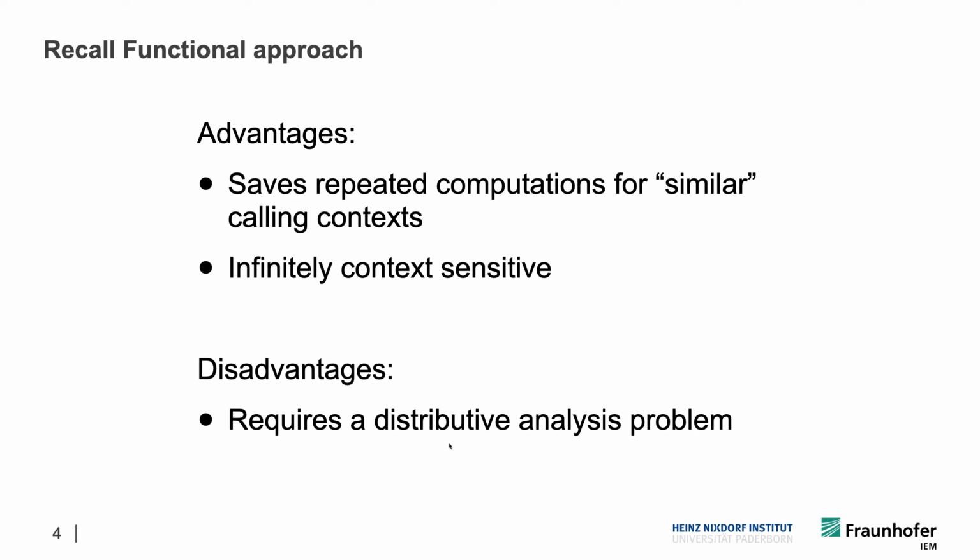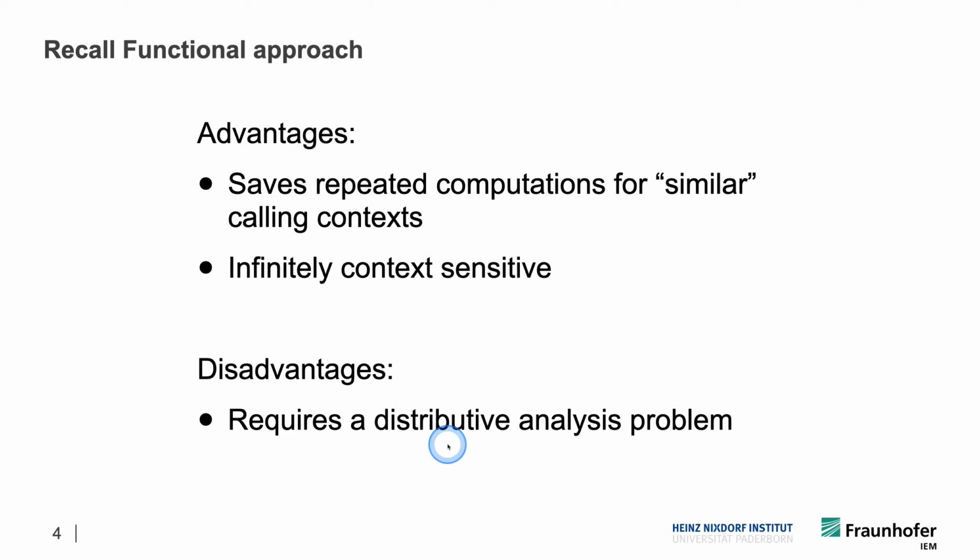So we saw that these flow functions in the callee, they're basically collected into a symbolic expression. You could also say a formula, right? And that needs to be of finite size, so it needs to be reduced, and that can only be done if you have a distributive analysis problem.